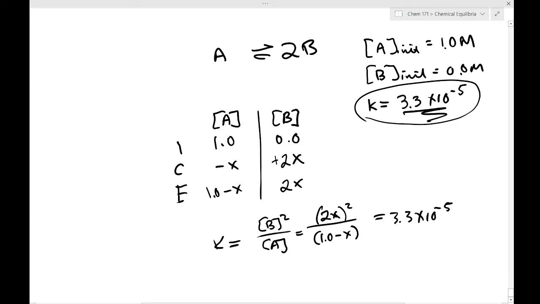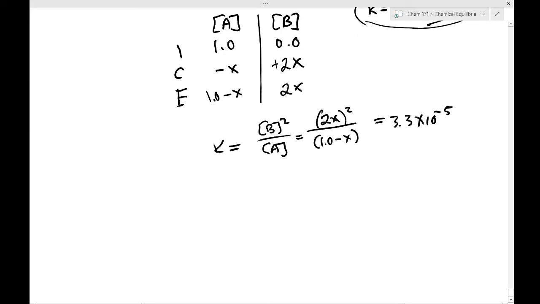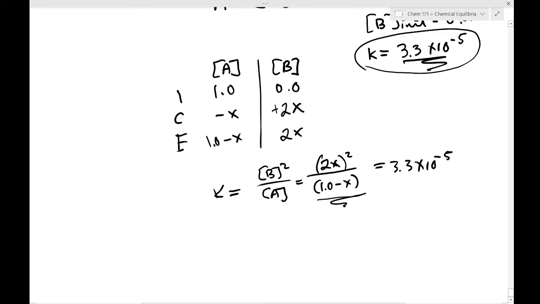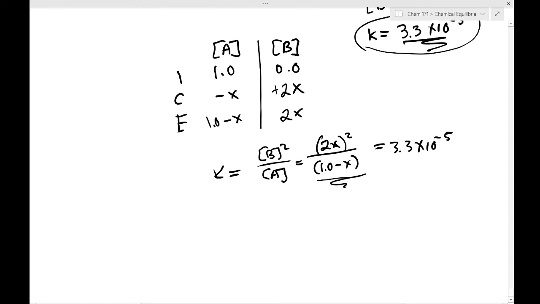So far we haven't actually used this assumption. We're still just solving it the normal way that we always do. However, at this point we can start to say something about this assumption. This part here, 1.0 minus x, that is A initial minus x. Since x is much smaller than A, well, let's make it an if.